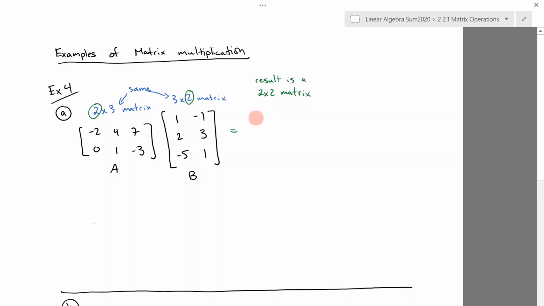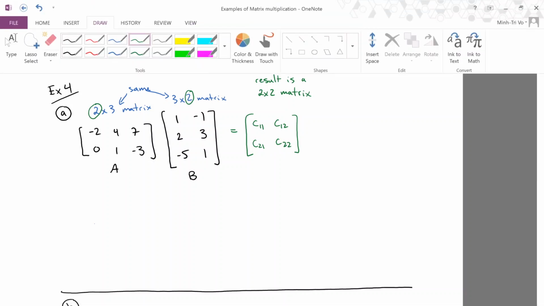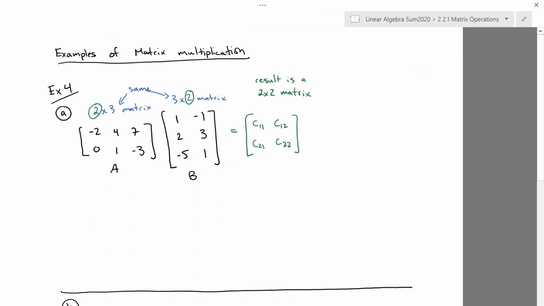Okay, so let's preliminarily identify the entries. Let's call them C11, C12, C21, and C22 for the resulting matrix. This is the entry in the first row, first column; first row, second column; second row, first column; and then second row, second column. As we said before, each individual entry in the resulting matrix is calculated as a dot product.